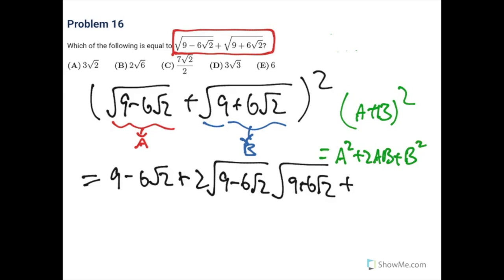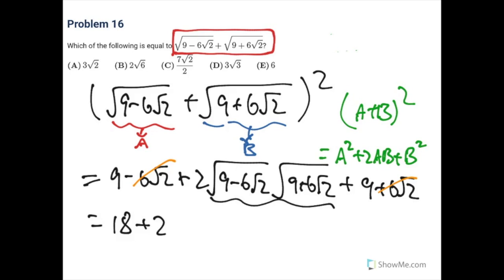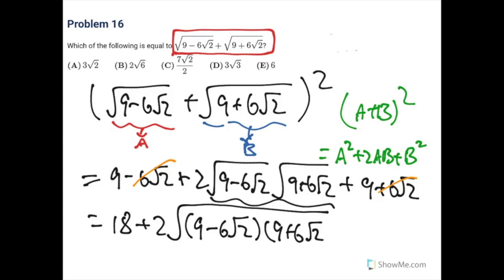And finally, we have 9 plus 6 root 2 as b squared. Already we can see some nice things happening here. First, these two things cancel out, and we're left with 18 plus 2 times this thing here. Since both are under a square root, we can combine them into one big square root and write it as this.